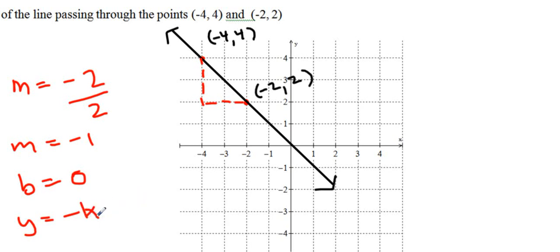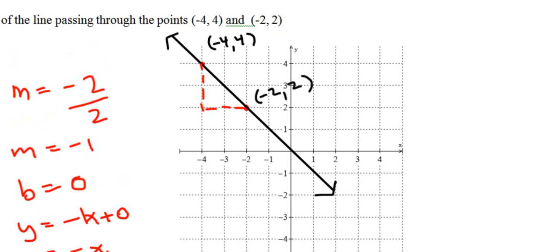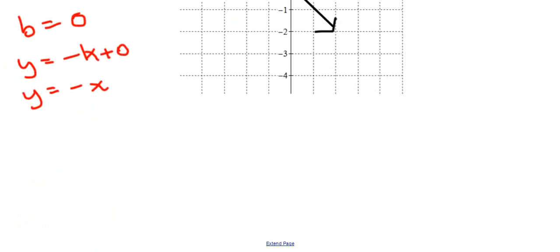I can put the -1x and the plus 0 in as my first crack at it, but you know that you should simplify that to -x and then don't add the 0. So it's just the equation y equals -x. Surely to heavens that's it. Yes.